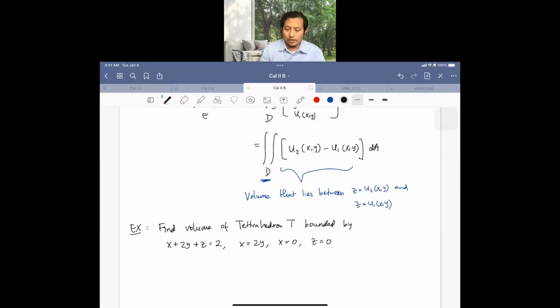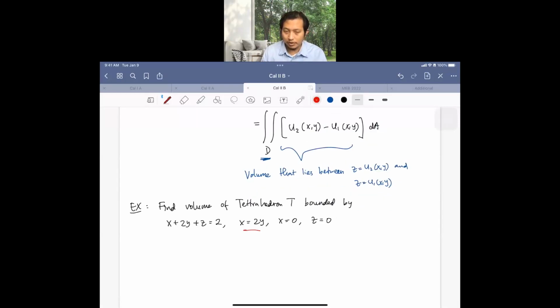So you can notice that we have the line x equals 2y, x equals 0, where z equals 0, which means at the xy plane we have some line that is crossing.